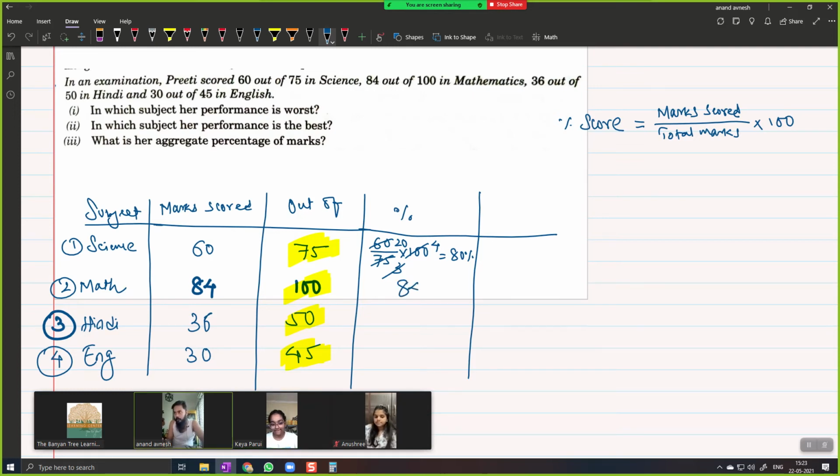Very good, correct. Hindi is... Yes, sir, it's 72%, and correct. English it is how much?